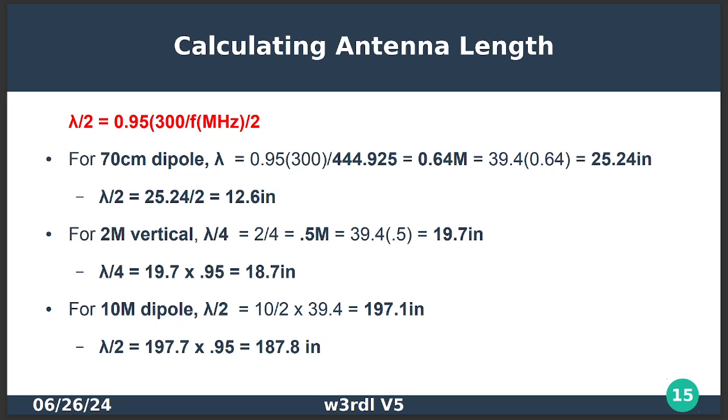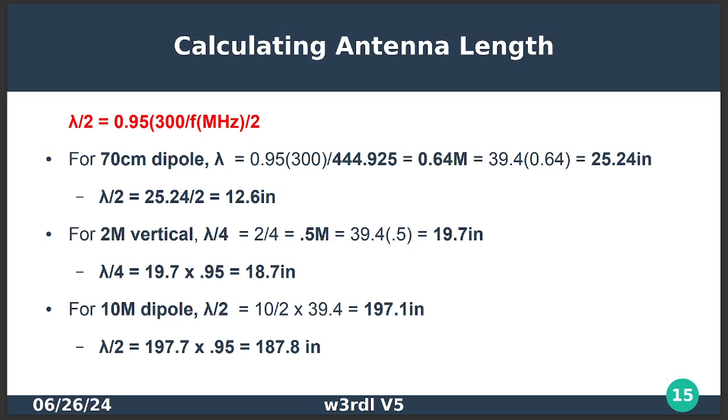Okay, so let's calculate a length here real quick. For a 70 centimeter dipole, you'll notice that the frequency of 444.925 megahertz was chosen there, and that is the KSC repeater up on the VAB. That's an actual local frequency that you could tune in and listen to on Thursday nights at 7:30.